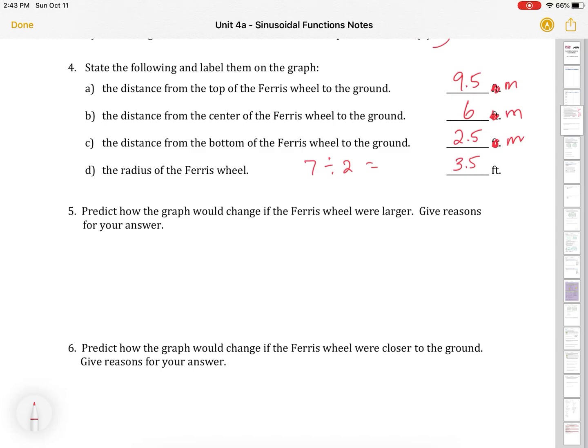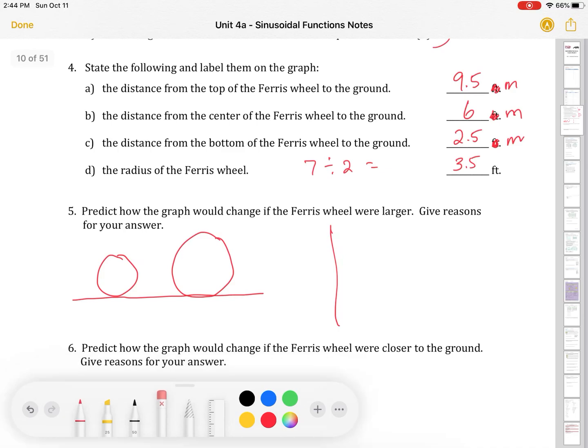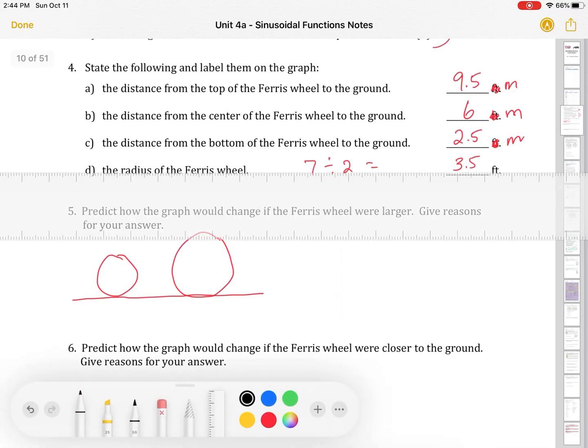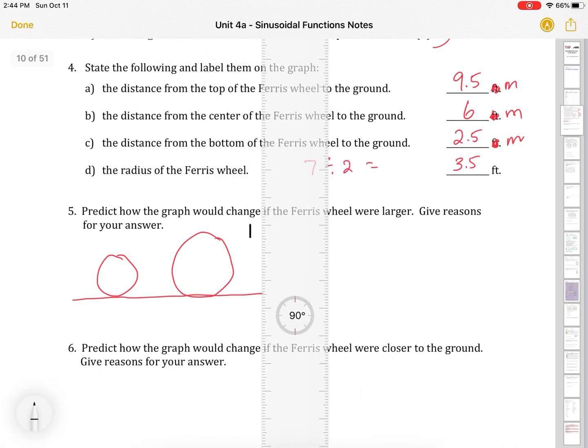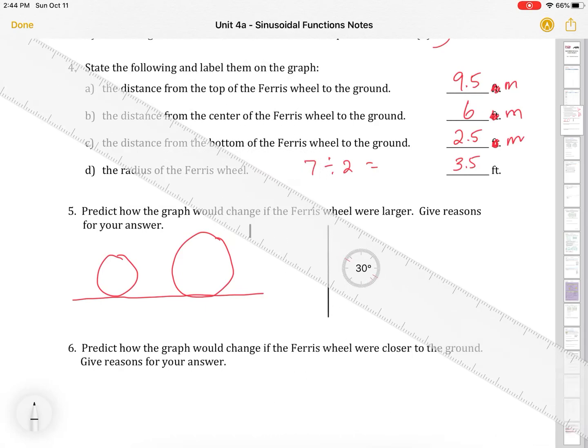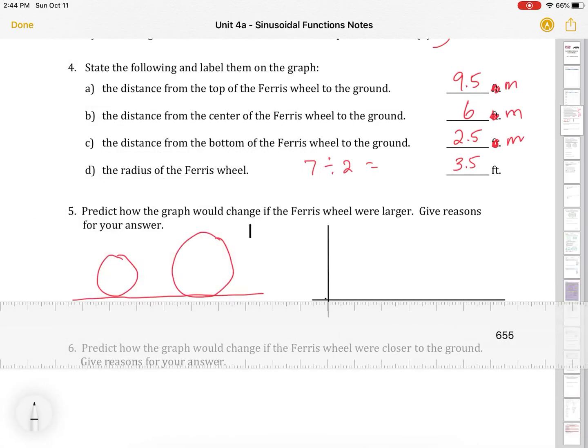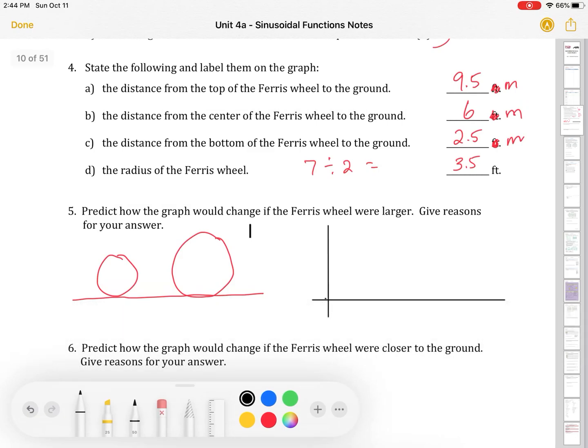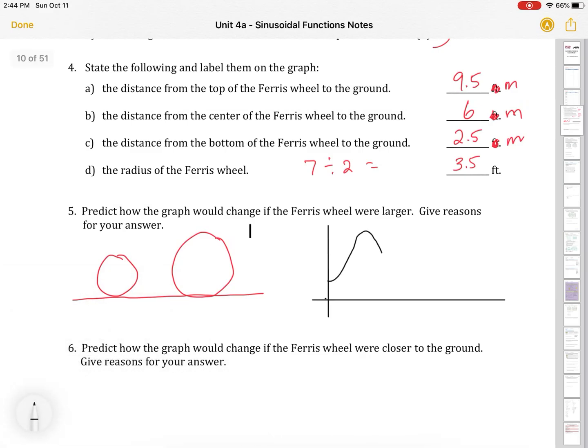Now, predict how the graph would change if the Ferris wheel were larger. So right now we're dealing with one that's this size. If it were larger, but it starts at the same height, then we're going to see a difference. So let's see. We're going to map out our grid. So that would be our initial one, is going like this, right?